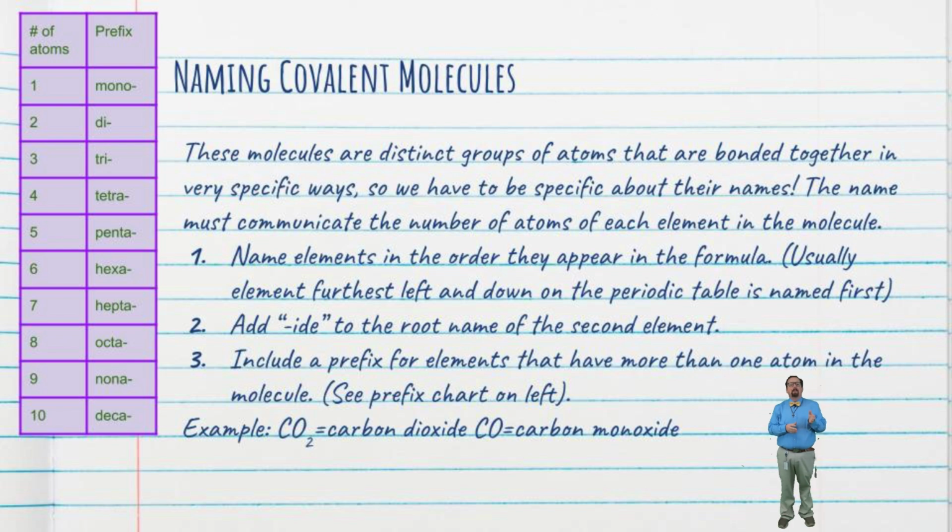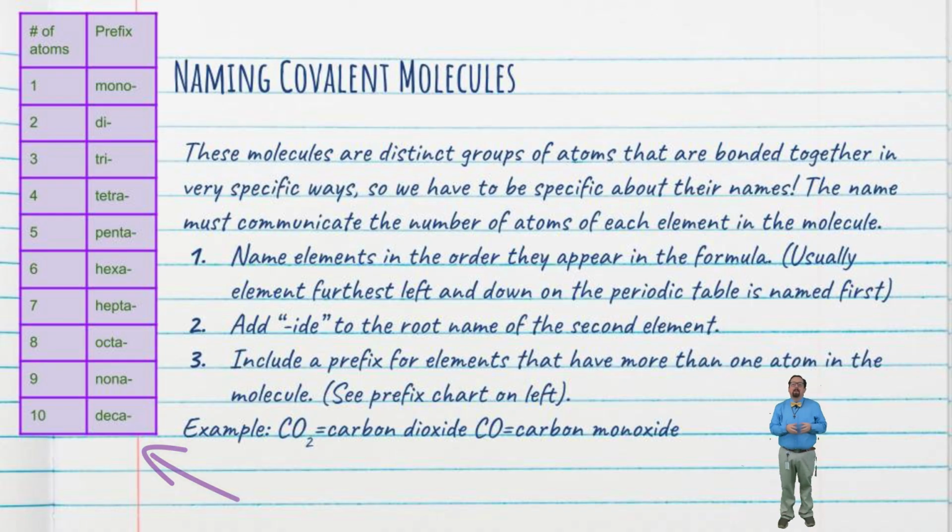To name covalent molecules, all you have to do is name the elements in the same order they appear in the formula, change the ending of the second element's name to "ide," just like we did before, and then add a prefix before each of those element names that represents how many atoms of that element there are in the molecular formula. The prefixes are listed here.